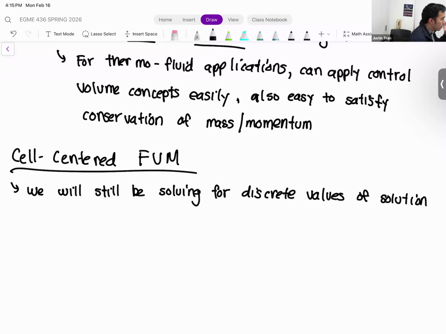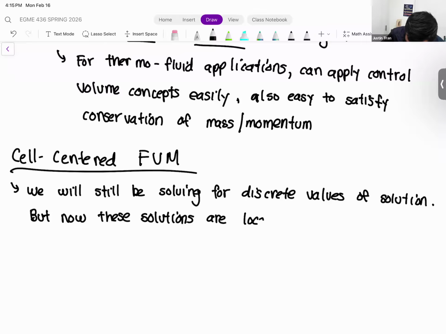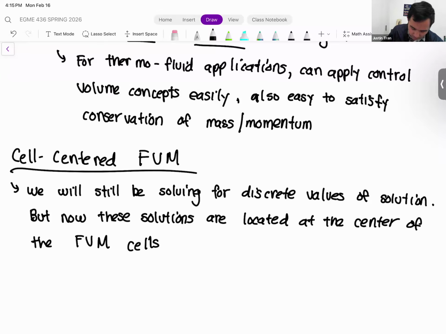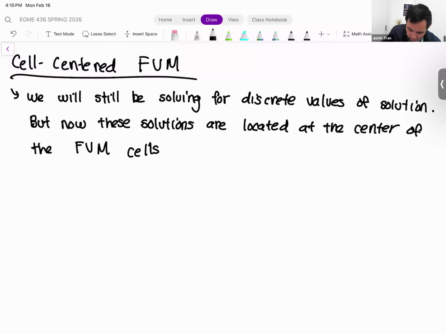But conceptually, we don't think of those unknowns being evaluated at the nodes. We instead envision them being at the centers of our cells. Hence the name cell-centered finite volumes.